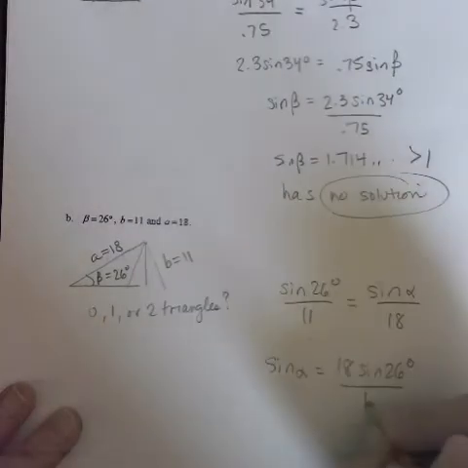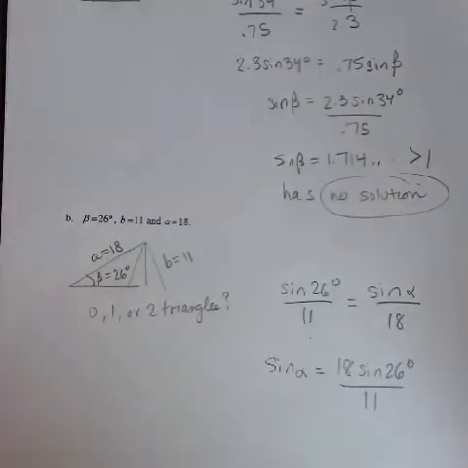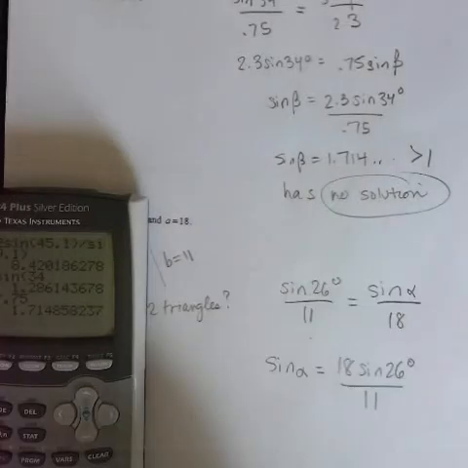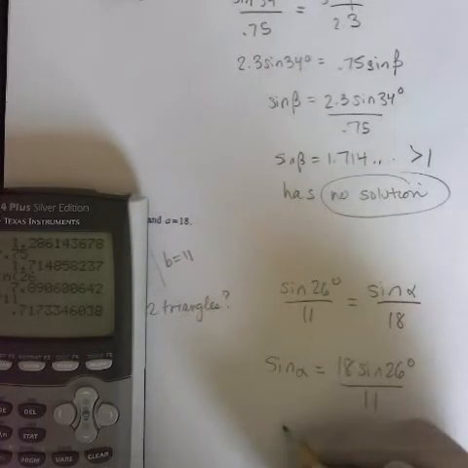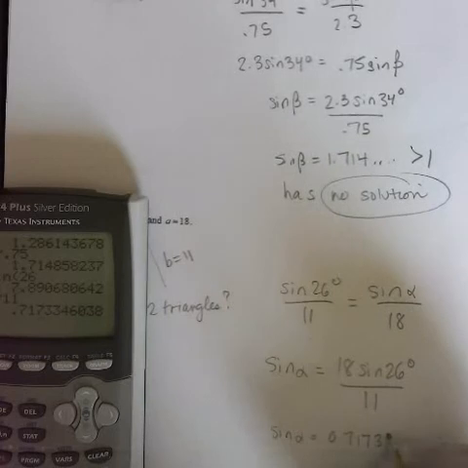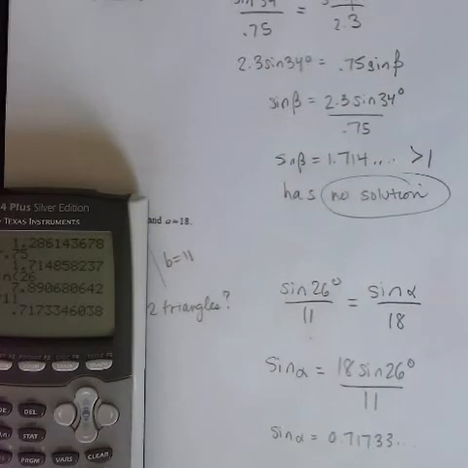So 18 sine of 26 divided by 11. So sine alpha equals 0.71733. Don't round that. I'm just writing it down for reference, but use the value on your calculator.